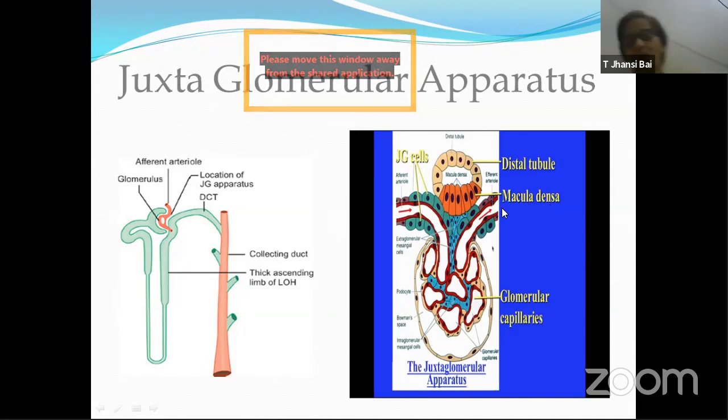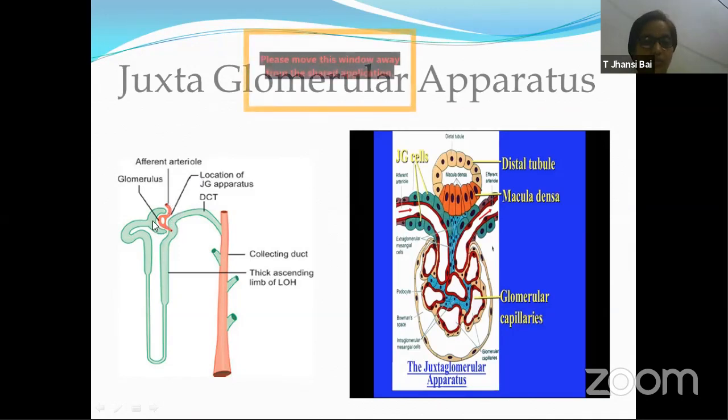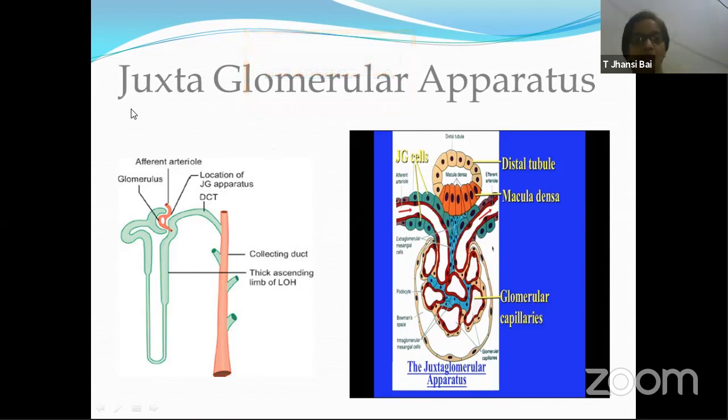There is also a third region, which is not given in our textbook, which we call mesangial cells. Some of the cells of the efferent arteriole, through which blood comes out, also get specialized. So juxtaglomerular cells from the afferent arteriole, mesangial cells from the efferent arteriole, and macula densa from the distal convoluted tubule, these three put together form one specialized region, which we call the juxtaglomerular apparatus.